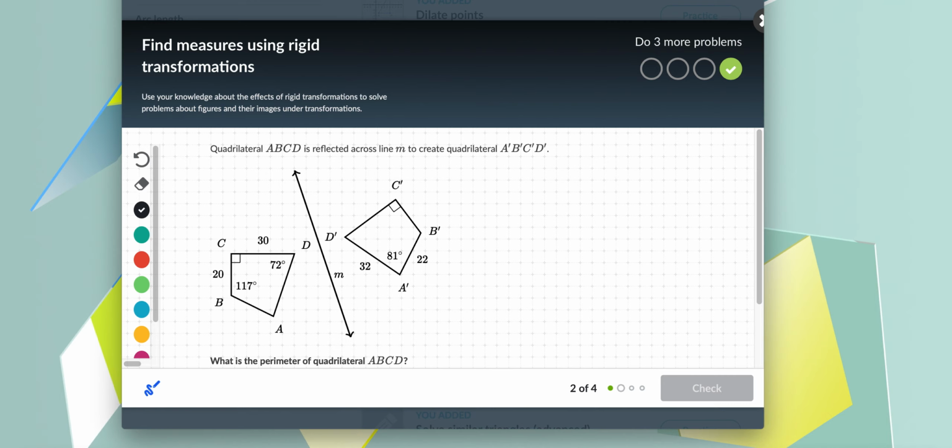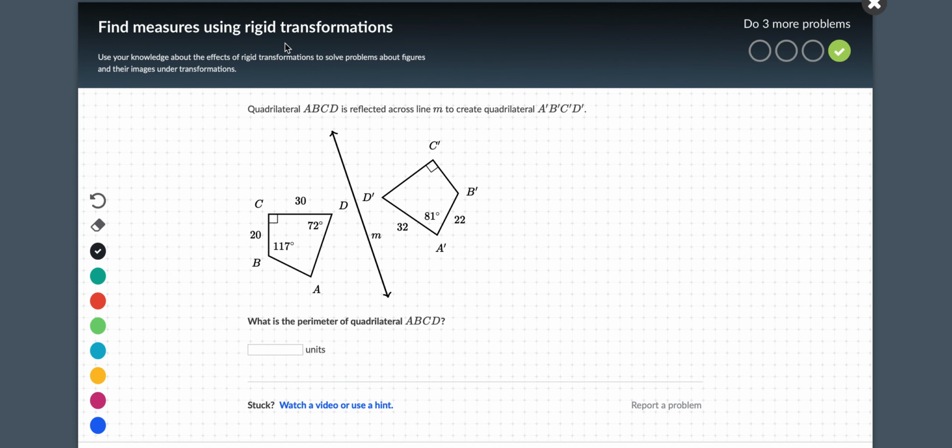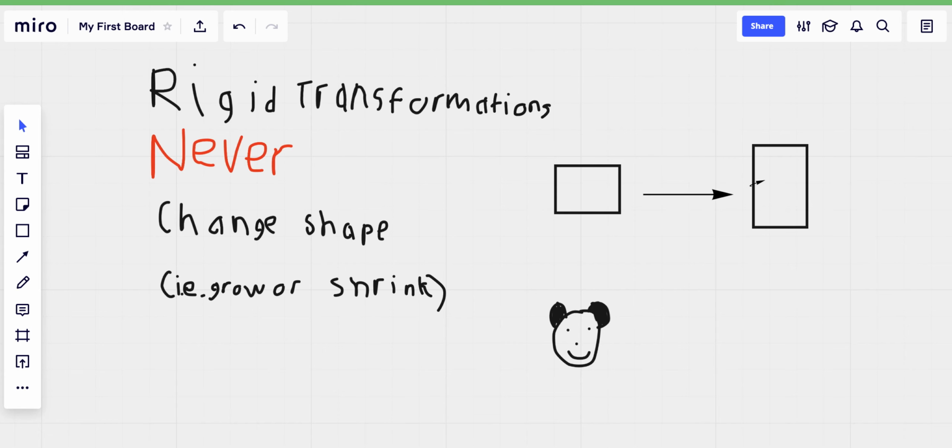So this is going to be a very quick tutorial on just how to find measures using rigid transformations. Pretty much when you're doing this, there's only one thing you really need to know, and that is rigid transformations never change shape.